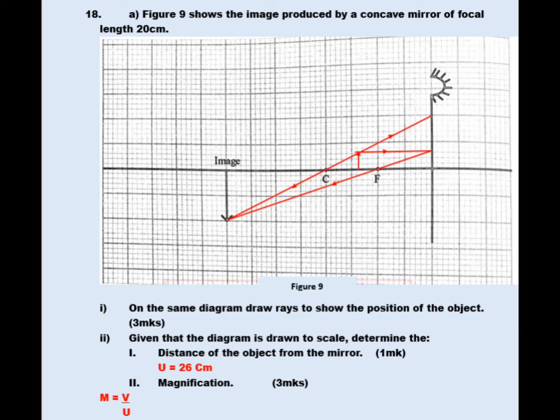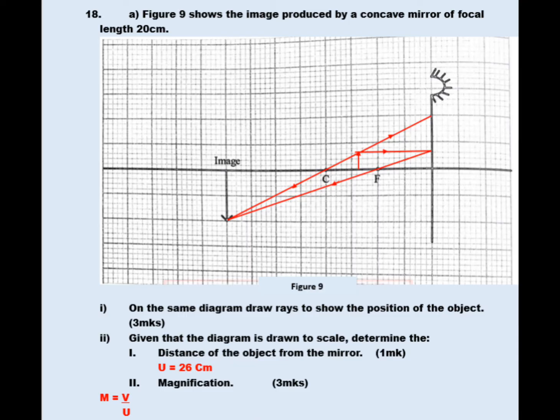But of course we are working in reverse, but the directions must remain. You can also decide to pick a ray through the pole, whereby the angle of incidence will be equal to the angle of reflection. So any two sets of rays will give you the object, and the object is real in this case, but the directions are very important from the object towards the image.